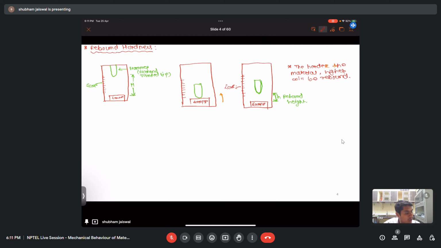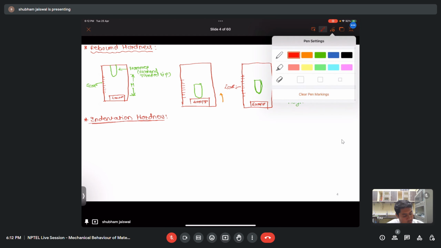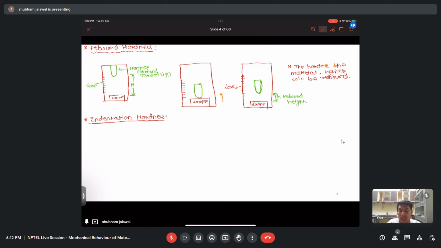Then we have seen the next hardness test, that is based on indentation hardness. So what do we do in indentation hardness?